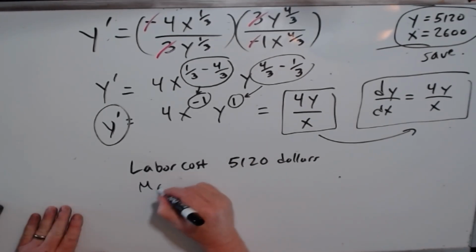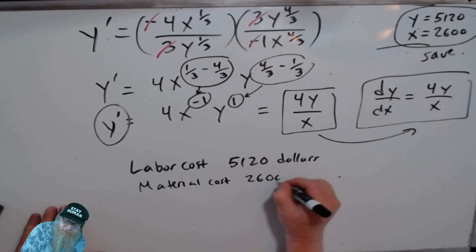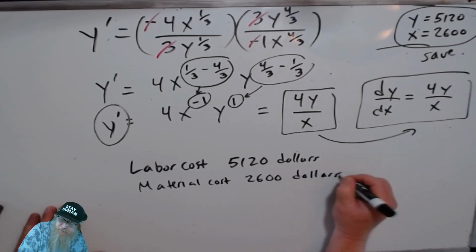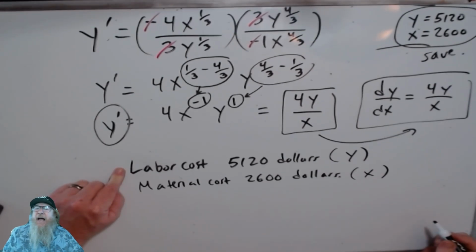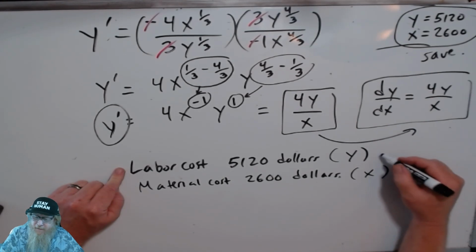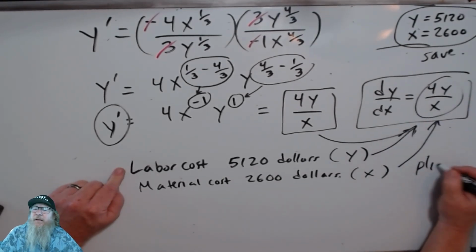The material is $2,600. I almost got that backwards. So the labor is Y and the material is X. So plug them in.